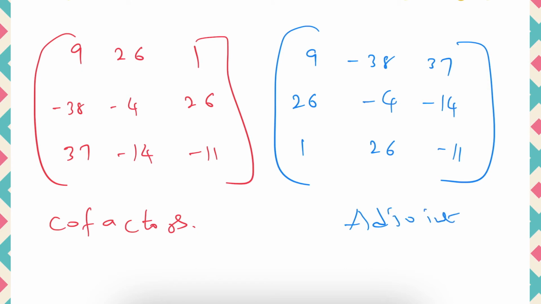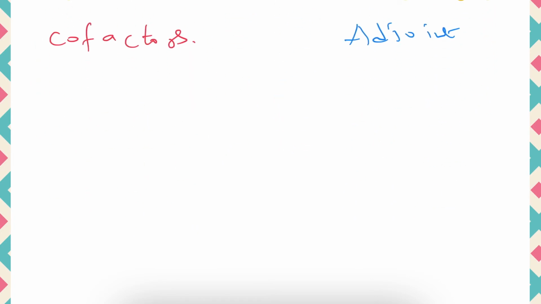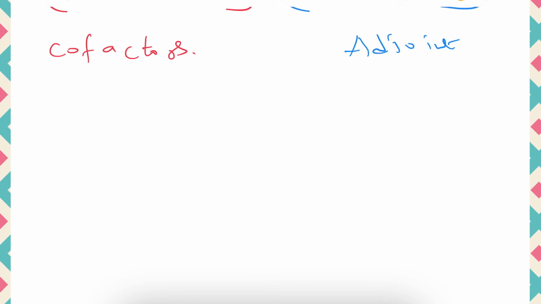Okay, now we are going to solve this by using the inverse method, right? Then to find out that inverse, what we will do is 1 by determinant into adjoint matrix.